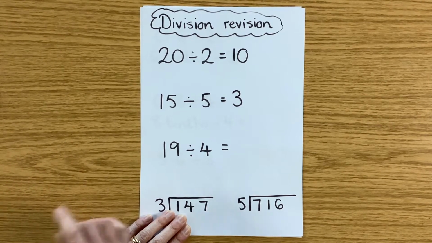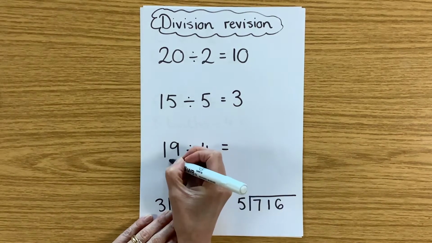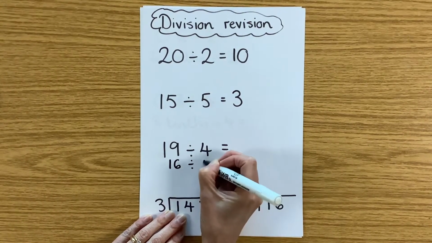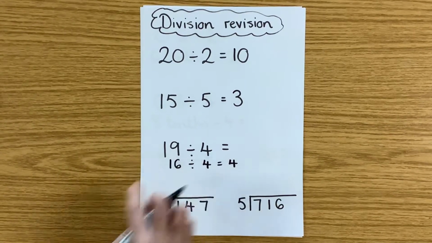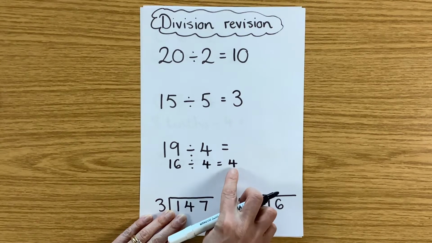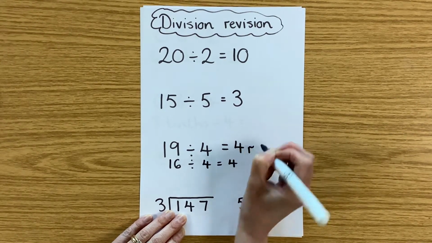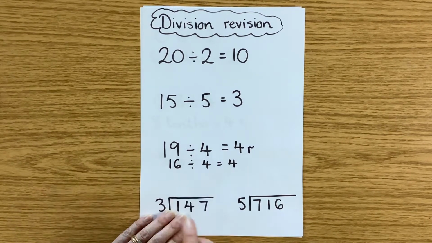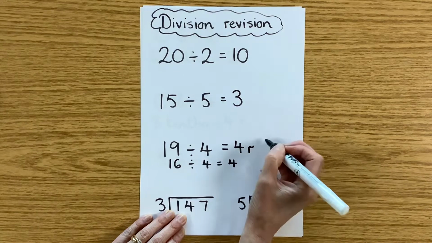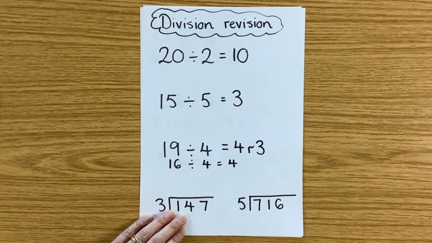So I need to think, well, how many full groups of 4 go into 19? Well, I know that 16 divided by 4 is 4. So what's 19 divided by 4? Well, I'm going to have those 4 full groups, but I'm going to have how many left over? Count on from 16 up until 19, so 17, 18, 19. I'm going to have a remainder of 3.